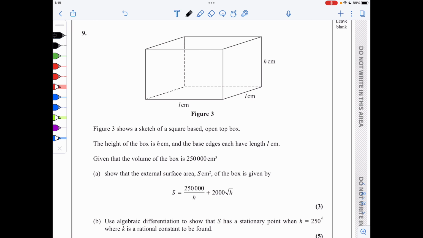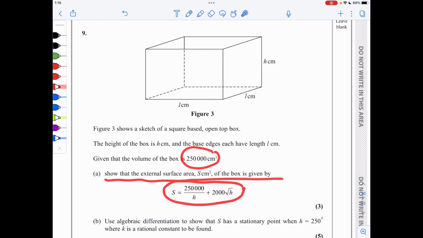Question 9, we've got a sketch of a square-based open-top box. The height is h as shown. The base edges have a length of L centimeters. We know that the volume is 250,000 cubic centimeters, and we need to show that the external surface area is given by this expression in terms of h.